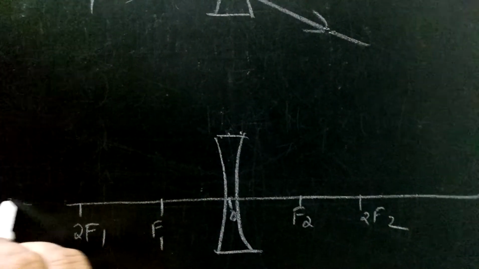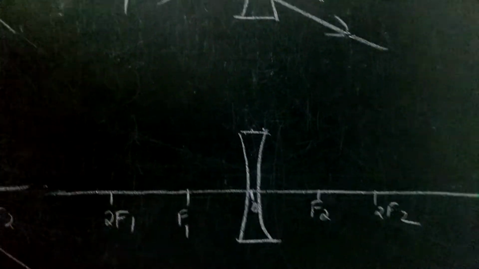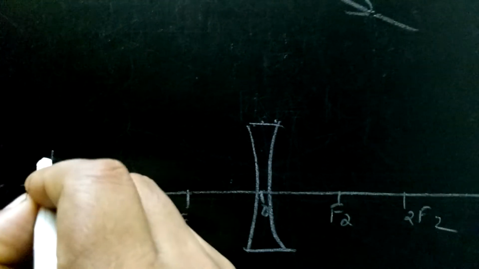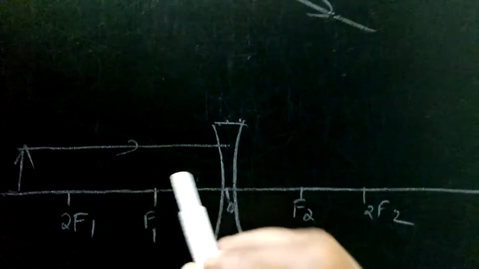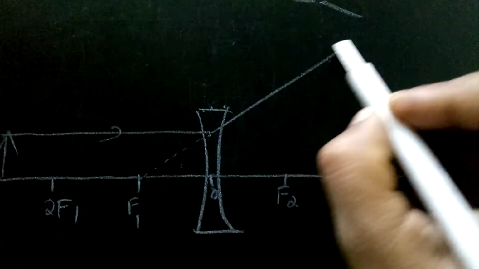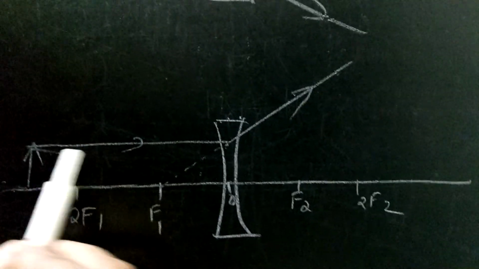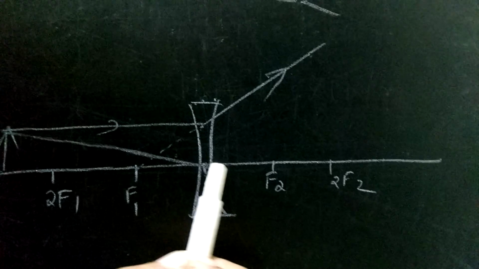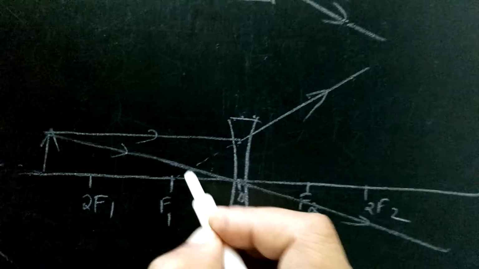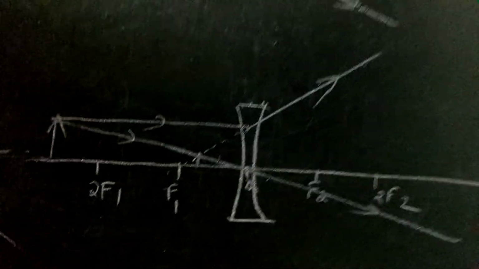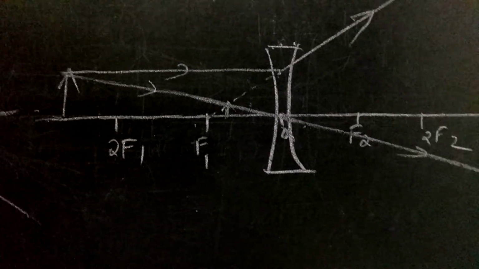So wherever we keep the object, that means between infinity and optical center, the light ray parallel to the principal axis, after refraction appears to diverge from the principal focus. The second light ray passing through the optical center passes without any deviation. So here the image will be formed between F1 and O. It will be virtual, erect and highly diminished.